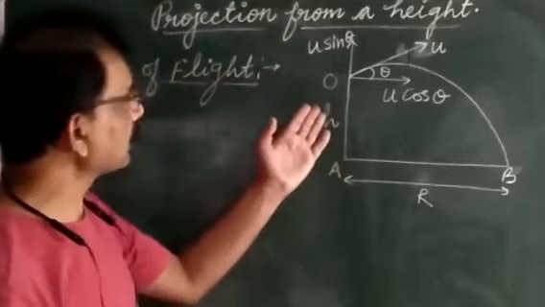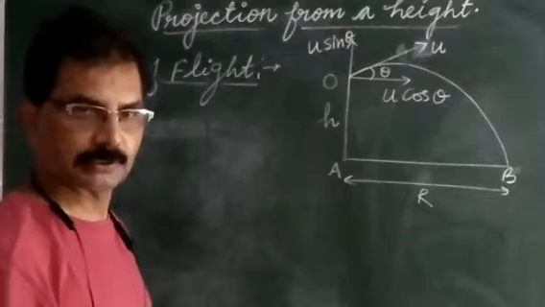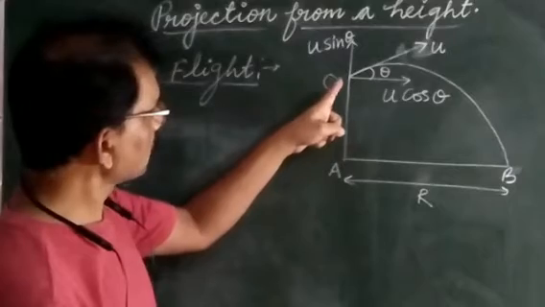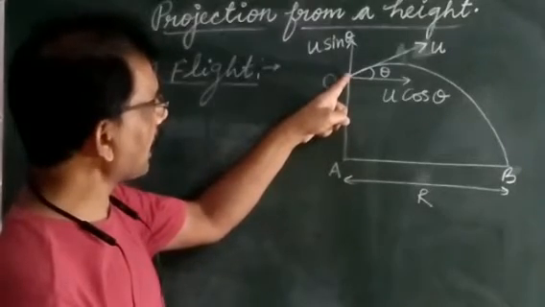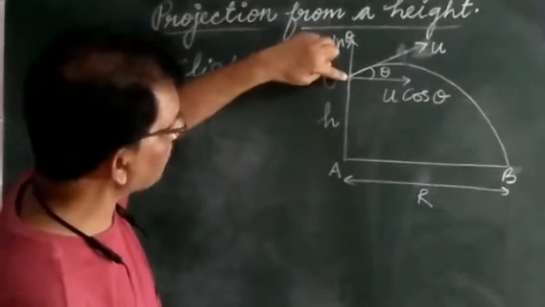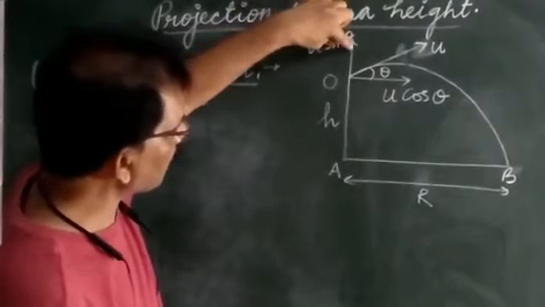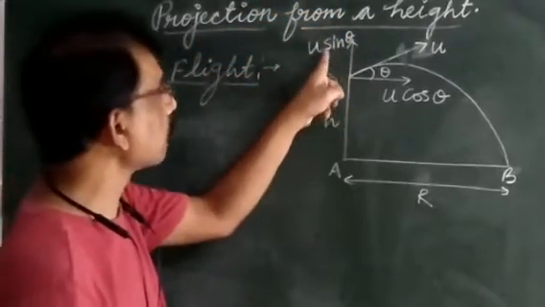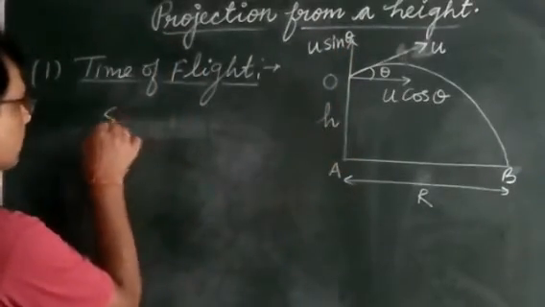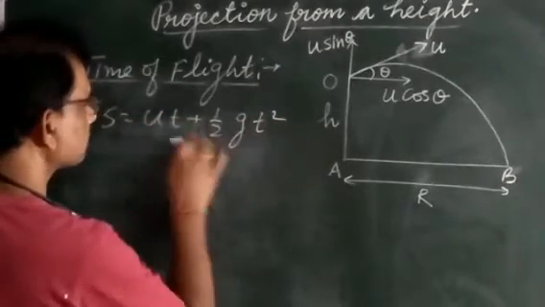In this case, for finding the time of flight, meaning the time taken by the body to reach the ground, look here at what you will do. At the point O, the vertical component is u sin theta. It means the body is moving with u sin theta in the upward direction. So you can take that this body is moving in the downward direction with the velocity minus u sin theta. So from the equation s is equal to ut plus half gt square.